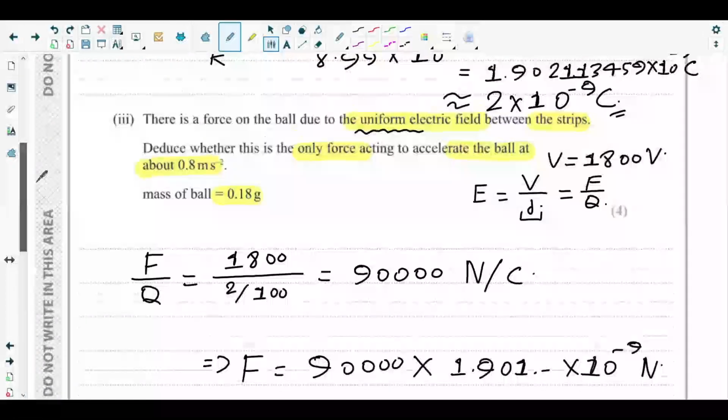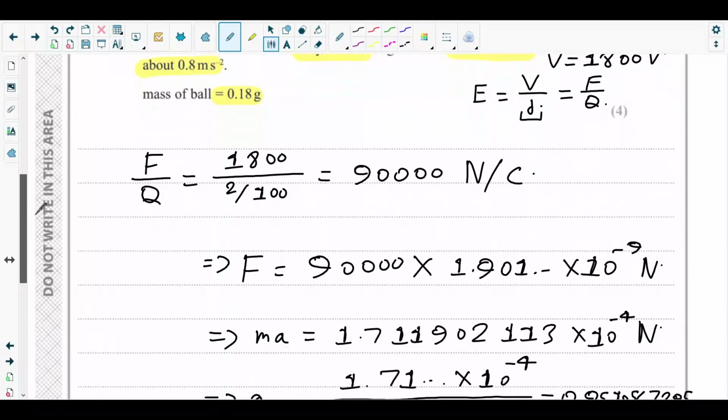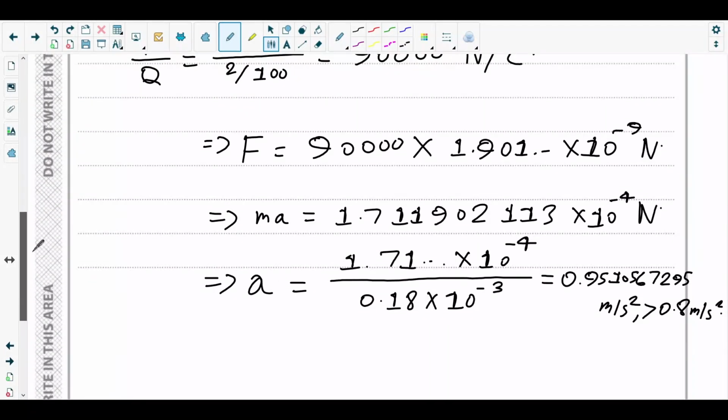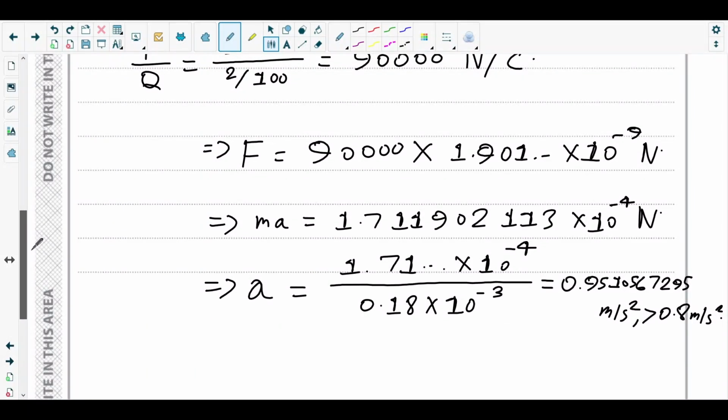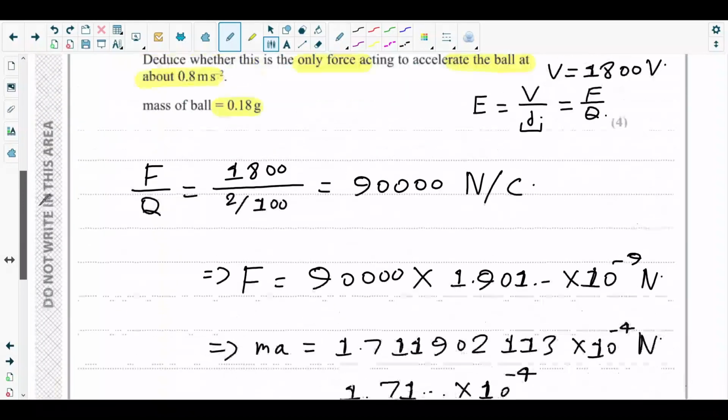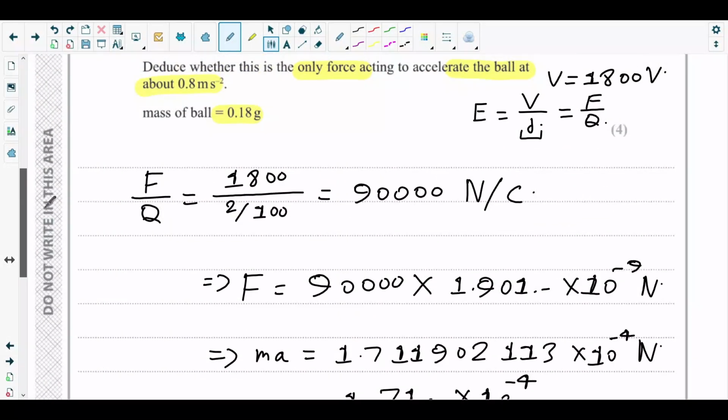So the deduction is that the acceleration from the electric field was supposed to be larger, but the actual acceleration is smaller.